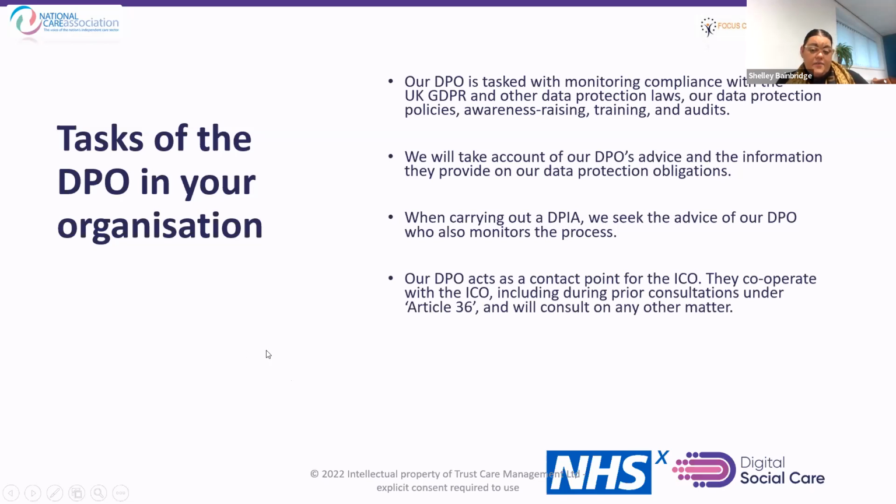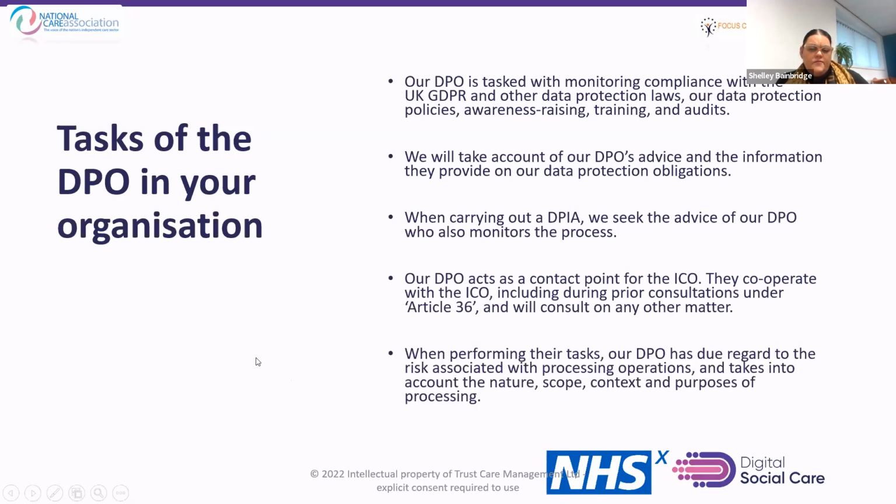When performing their tasks, our DPO has due regard to the risk associated with processing operations and takes into account the nature, scope, context and purpose of processing. These are the same areas that we look at as a DPO, making sure that we're protecting our organisation, protecting data and always compliant with GDPR.